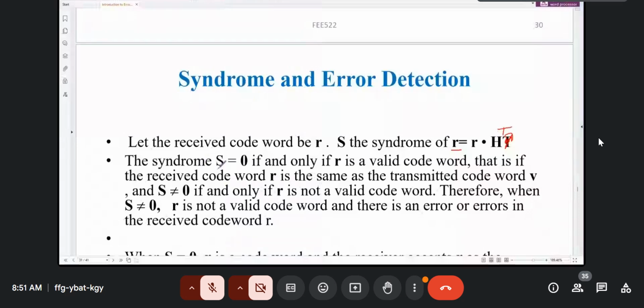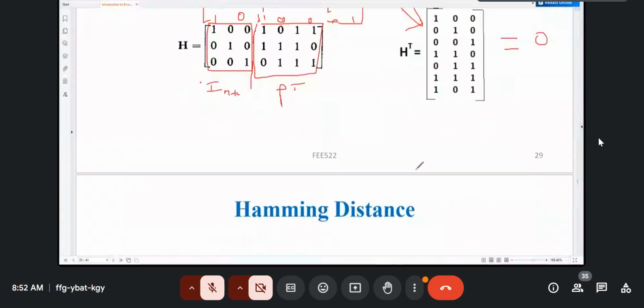The syndrome is 0 if and only if R is a valid code word. If S is not equal to 0, it means R is not a valid code word, not one of these.